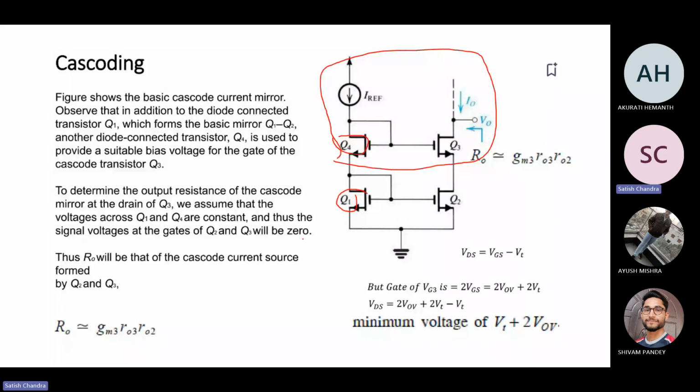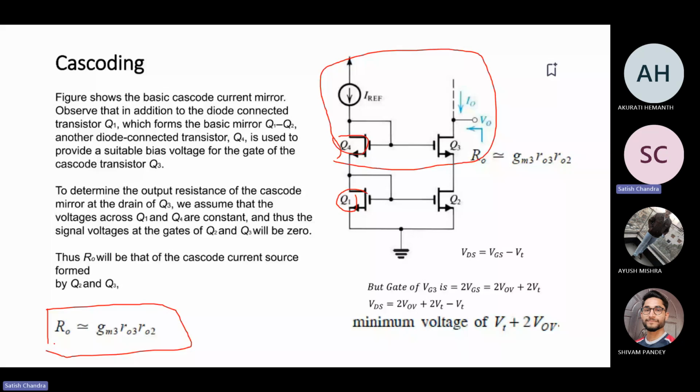Thus, R0 of the cascode current source formed by Q1 and Q2 will come like this, and the minimum voltage of VT plus 2 overdrive will become.